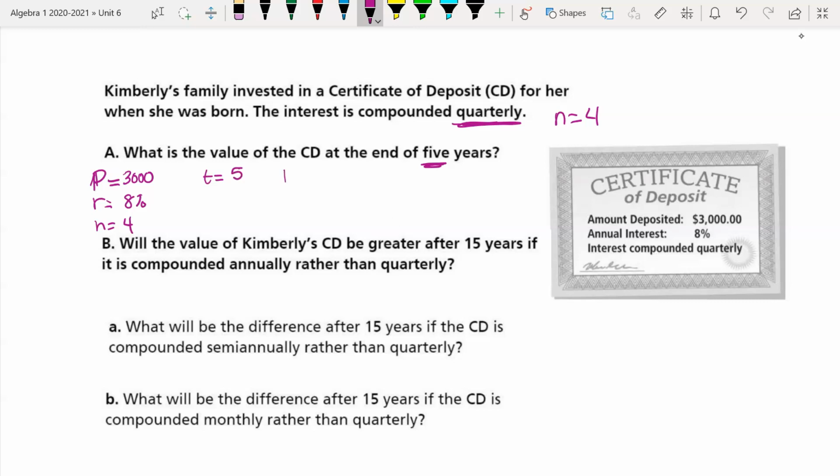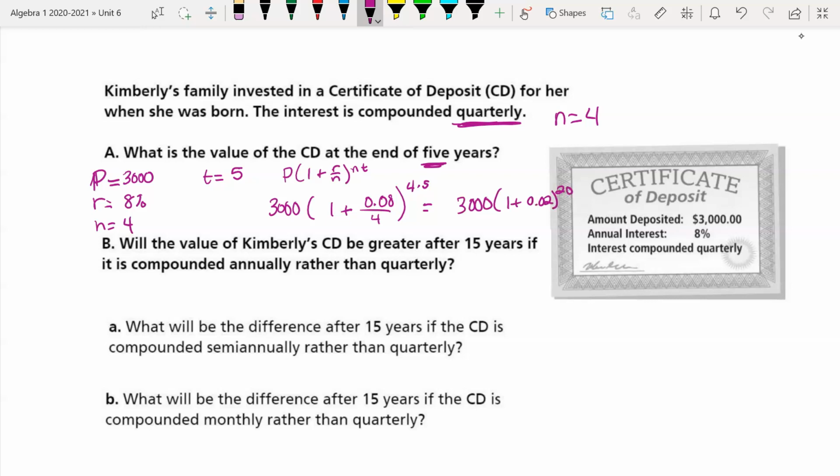So now we're plugging it into this formula. Replace the P with 3,000. 1 plus my rate, it has to be a decimal still, so 0.08 divided by 4. And then 4 times 5 gives me my exponent. So if I simplify it, it all looks like this. 3,000 times (1 plus 0.02) raised to the 20th power.